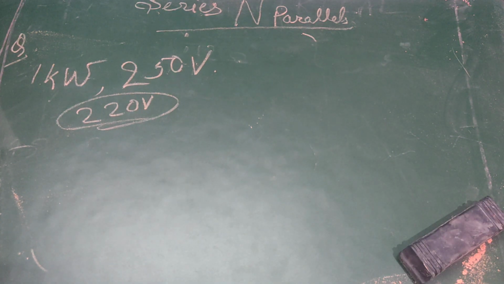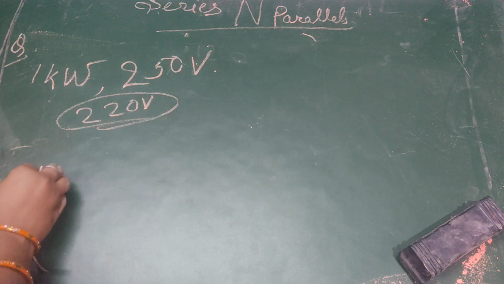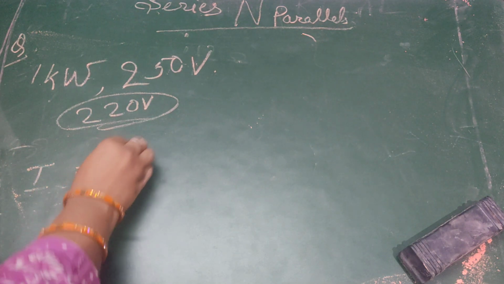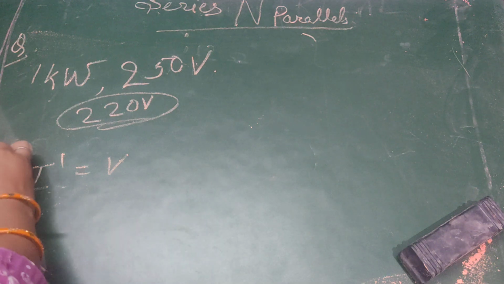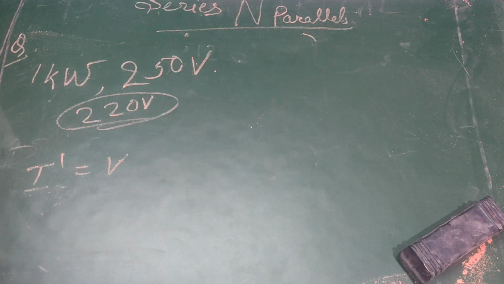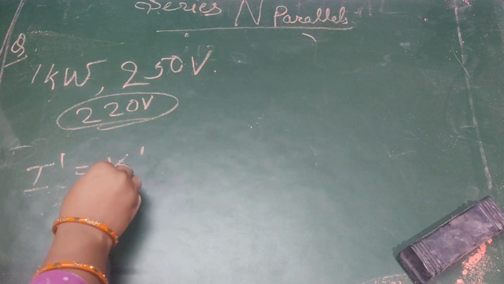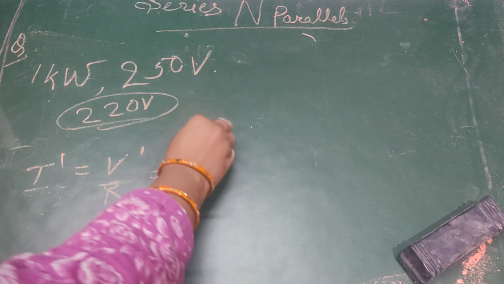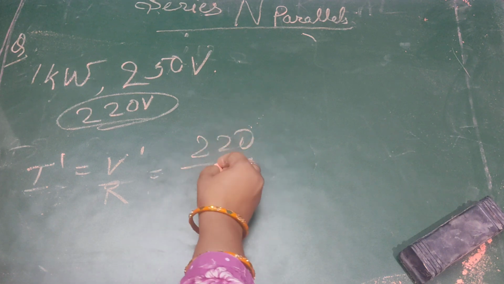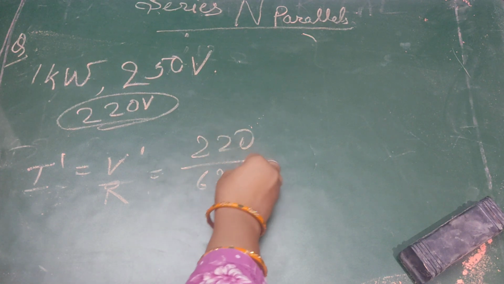Now, till now we have used 250 volt. Now we have to check the current drawn by the electric iron when connected across a 220 volt supply. So what we'll do, we denote it as I dash because we have previously mentioned I as the current rating. 220 by 62.5.